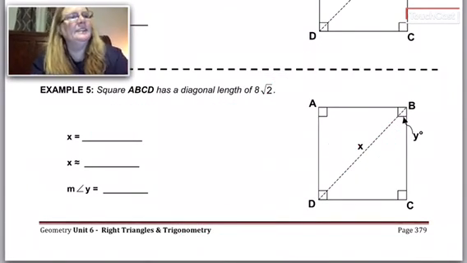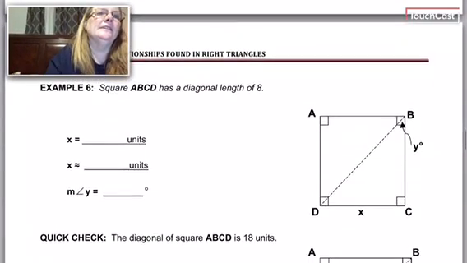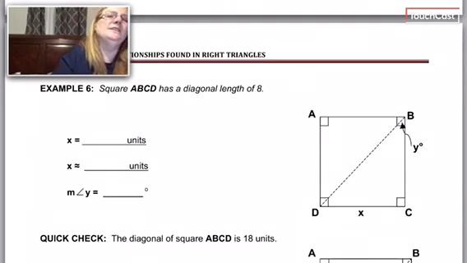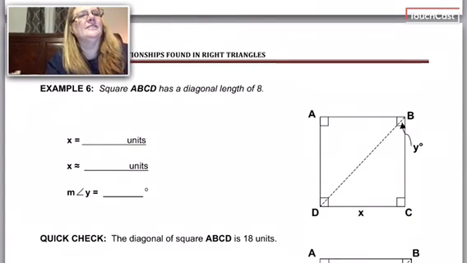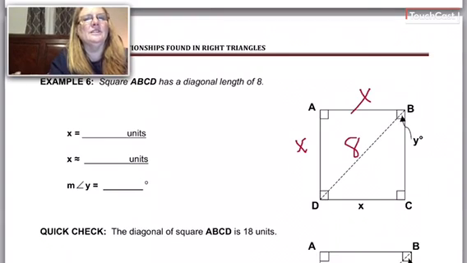All right. Now this one is going to be slightly different. Okay, we have a square that has a diagonal of 8. So this is 8 and this is x and x. So let's see what this looks like.